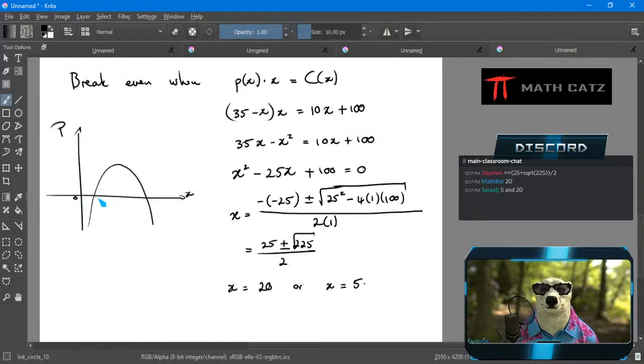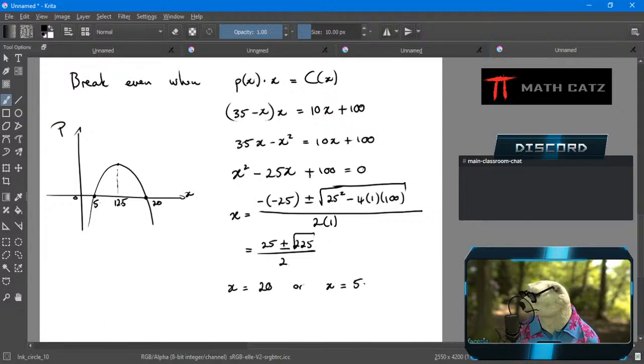It sort of sits balanced around the maximum of 12.5, the 20, and the 5. So it's 7.5 on either side. So if I make 5 items, if I make 20 items, I'm still going to get a profit of 0. You want to get that middle sweet spot of 12.5 bottles. Of course, you're going to have to go a little bit on either side, to 12 or 13, but because of the symmetry, it's going to be the same.